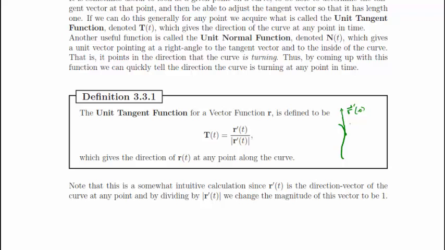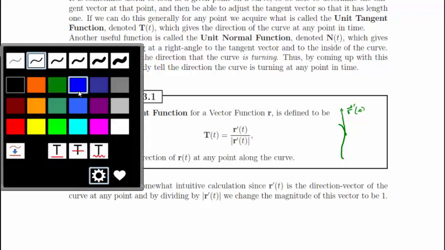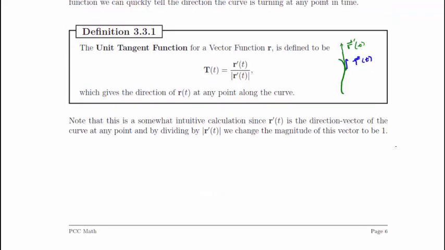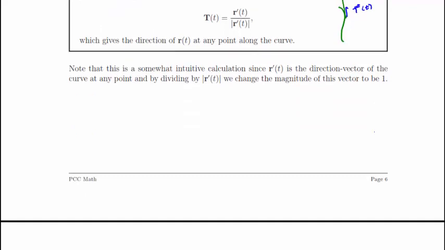And then if I make it shorter, then I get the unit tangent vector, capital T of t, right? Just by dividing this by its own length. Note that this is a somewhat intuitive calculation, since r prime is the direction vector of the curve at any point, and by dividing by its magnitude, we change the magnitude of this vector to be 1.